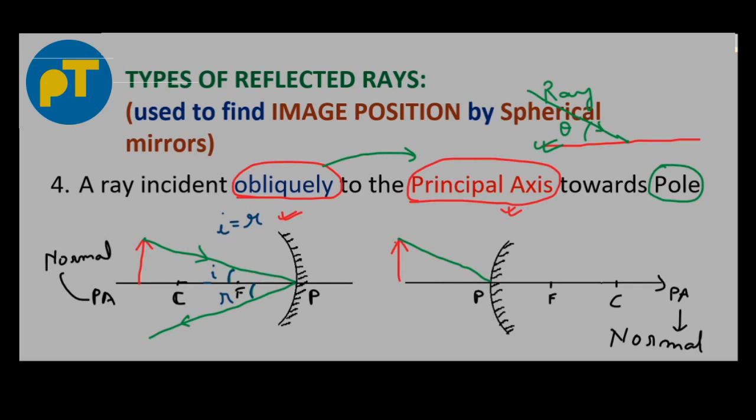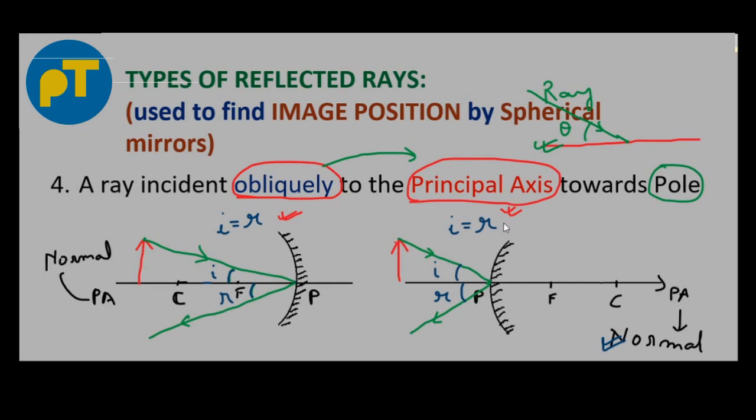It makes an angle of incidence I. Now the principal axis has become the normal, so the reflected ray will be making the same angle R. The reflected ray will be making the same angle. So even in this case, I equal to R.